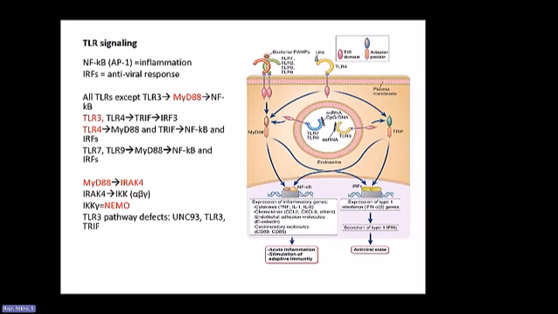All of these defects in UNC93, TLR3, TRIF, TRAF, all of those can lead to, anyone? What can it lead to? HSV encephalitis. Yeah, HSV encephalitis. So that's a very specific presentation of toll-like receptor defect.